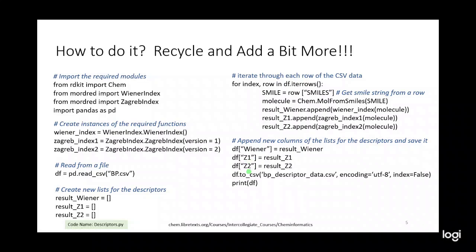In other words, we add the calculated descriptor lists as new columns in the data frame and save it as a CSV file with the function to_csv. Finally, we print out the data frame.